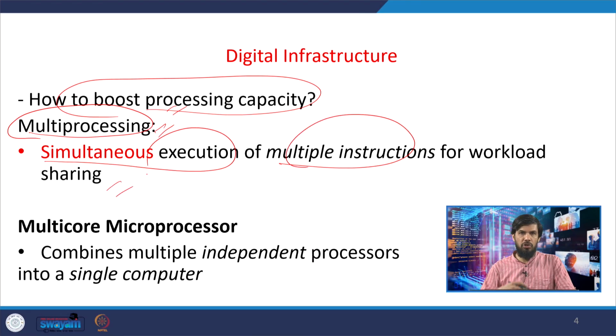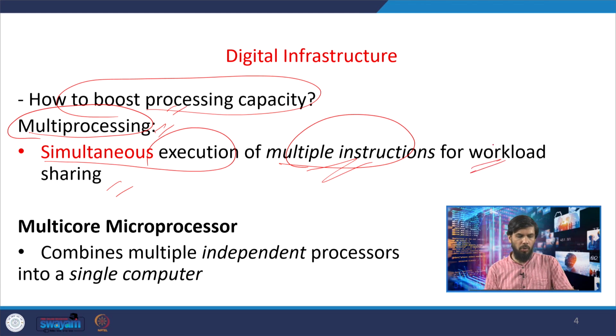So if we just execute instructions one by one, obviously the speed will be slower, right. But if we are somehow able to execute multiple instructions simultaneously, then obviously the speed would be much faster, because a number of instructions are getting executed at the same time. So we are moving ahead in a speedy manner.